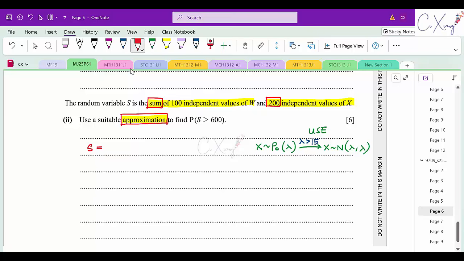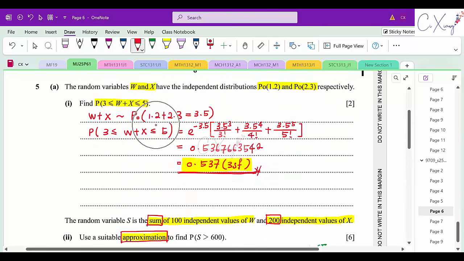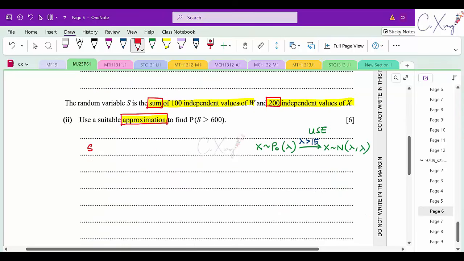When you add them together, what do you have here for the mean? You should know that Poisson plus Poisson still remains Poisson. Same thing here: if I add 100 W and 200 X together, it is still Poisson distributed.